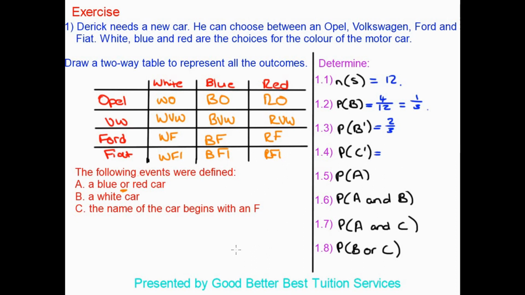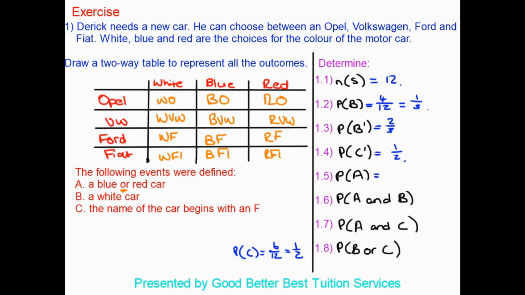I just don't have space there, so I'm just going to say here the probability of event C is equal to 6 over 12, which is equal to a half. And so therefore, I can come here and say the probability of the complement of C is going to be a half as well. Okay, because that's what's left over if you minus a half from 1. Sorry.